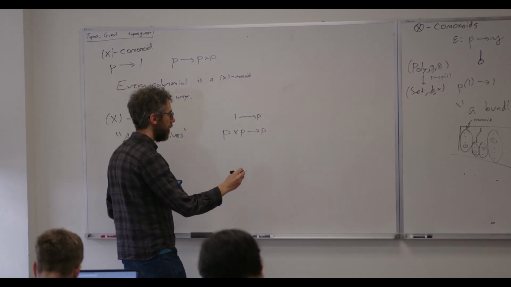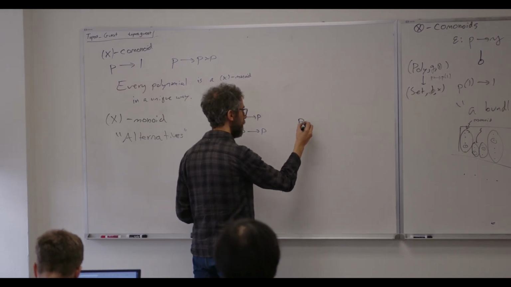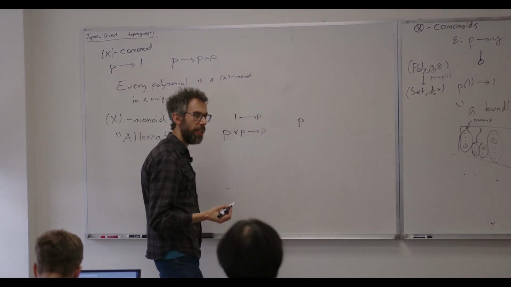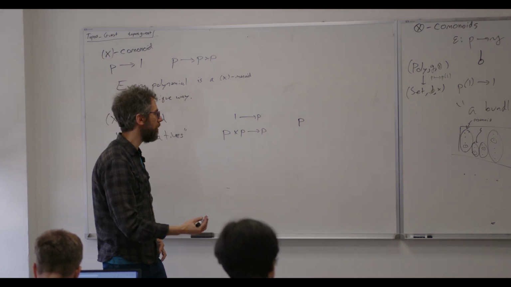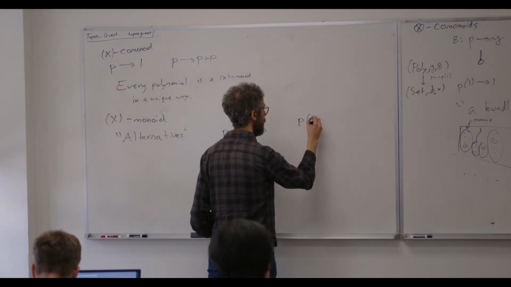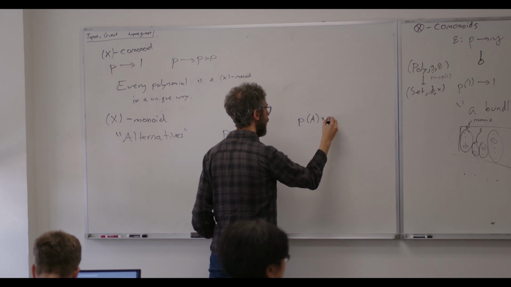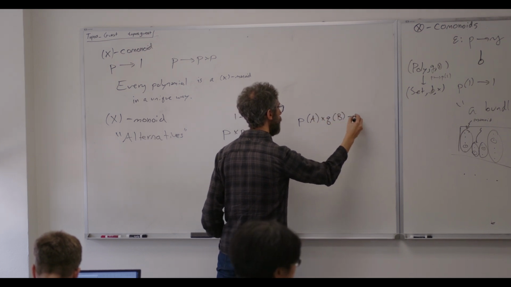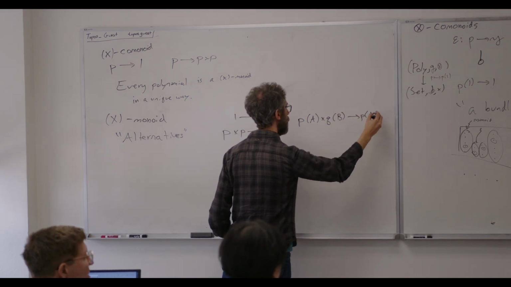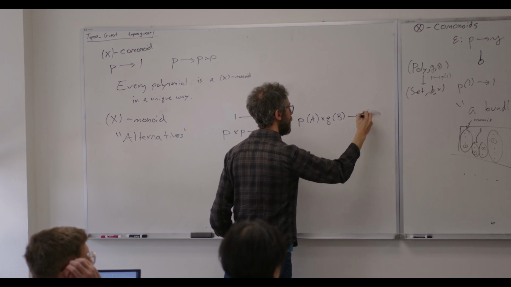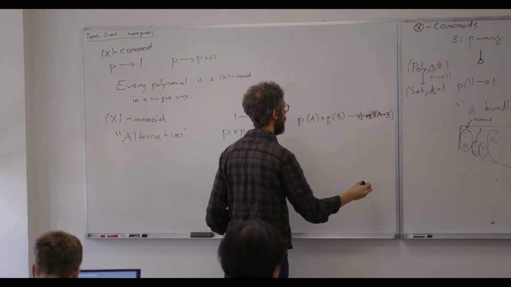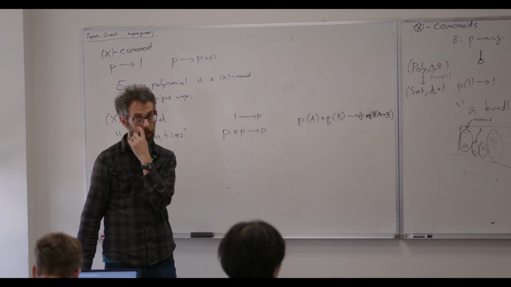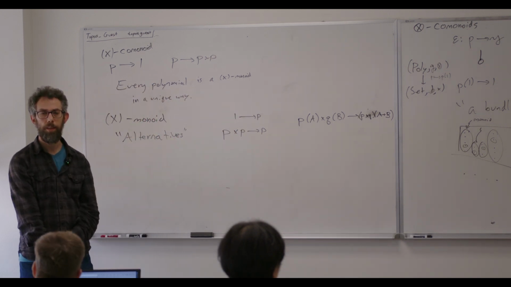So what you're going to get is, because times is the day convolution of plus, and I'm not expecting you to know what that means, there's a map from P of A times Q of B to P times Q of A plus B. Wait, times is a day convolution of plus? Yep. And tensor is a day convolution of times? Yep.